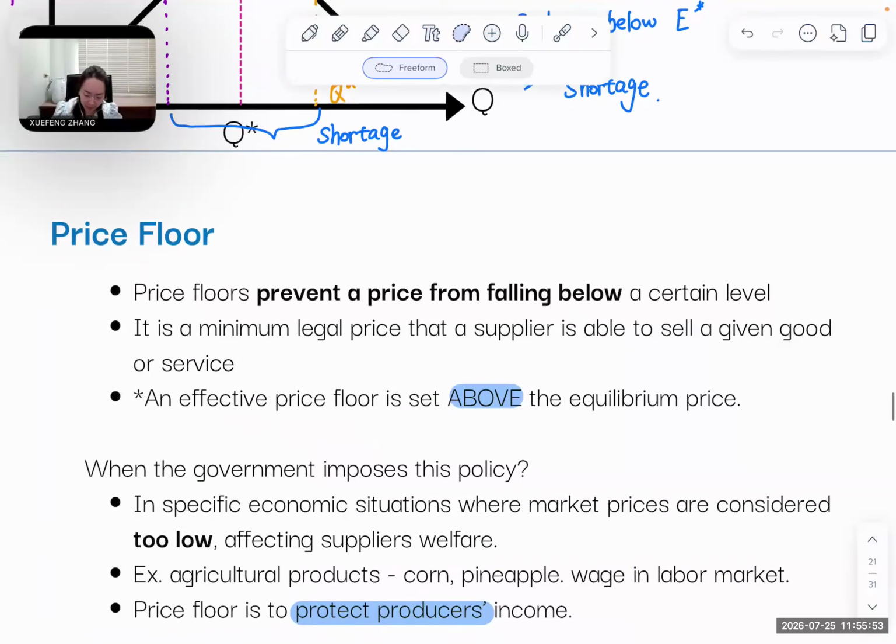So a price floor meant to help farmers or workers creates a surplus.